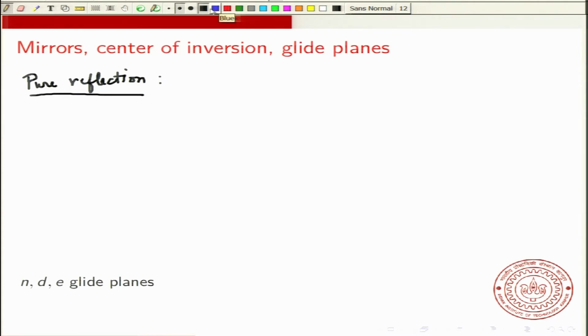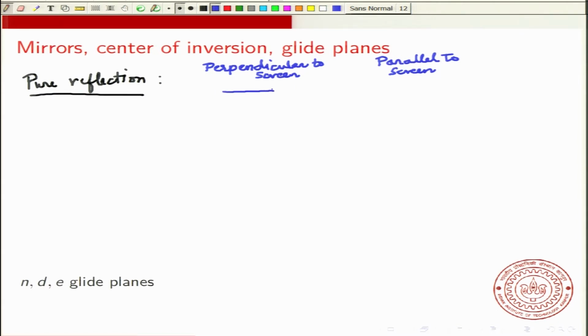Those are the two possibilities. If it is a pure reflection that is perpendicular to the screen, then it is shown by a solid line.